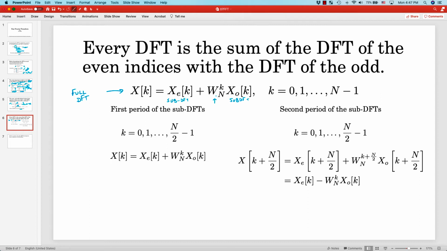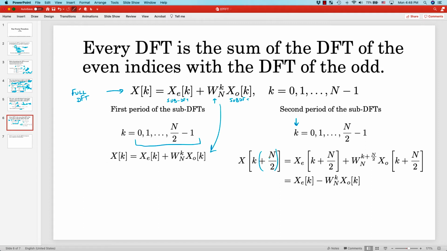But the sub-DFTs are going to be shorter DFTs. So in particular, if I'm just evaluating them within their first period, then there's no funny business. Then I can just evaluate exactly what I have written up here, down there. But when I go and wrap around into the second period, I'm going to use the same index, k, and to indicate that I'm going into the second period, I'm then going to add N over 2 samples to the index.